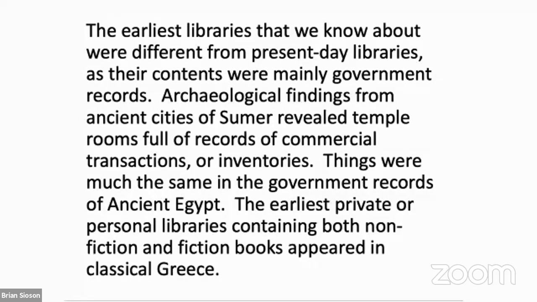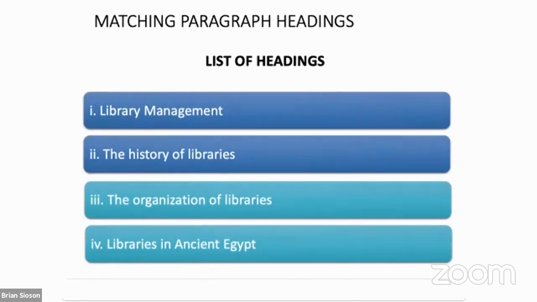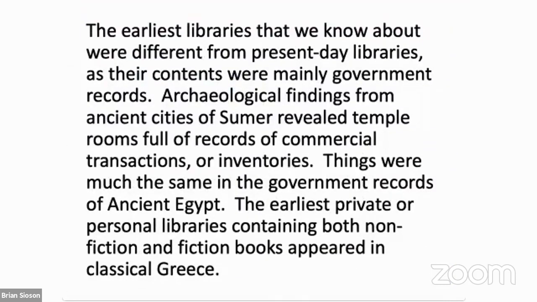But before we jump into revealing the correct answer, let's head back into the list of headings. We have here library management, the history of libraries, the organization of libraries, and libraries in ancient Egypt. Now, I'd like to ask you, is there anything here about how libraries were managed, like the management?